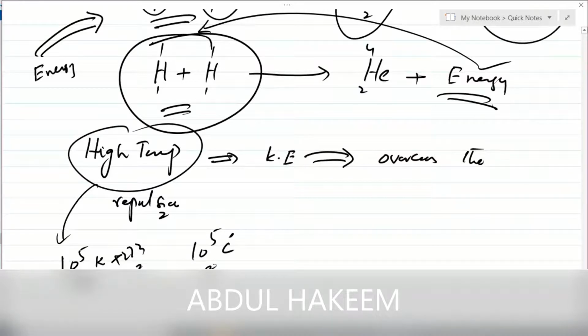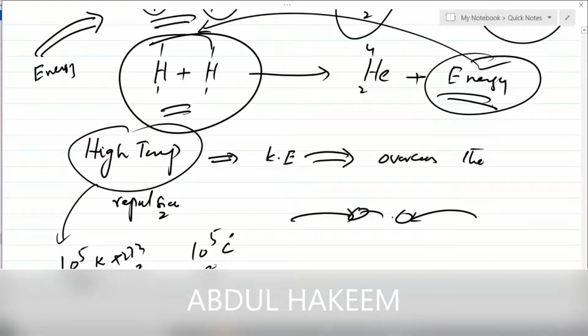So this huge temperature is required to overcome the repulsion force, to provide the kinetic energy to these two hydrogen nuclei to fuse together. So they are traveling towards each other with huge amount of kinetic energy. The whole of the kinetic energy is converted into the nuclear energy according to formula E equals mc square, and this released energy is too large as compared to the supplied energy.